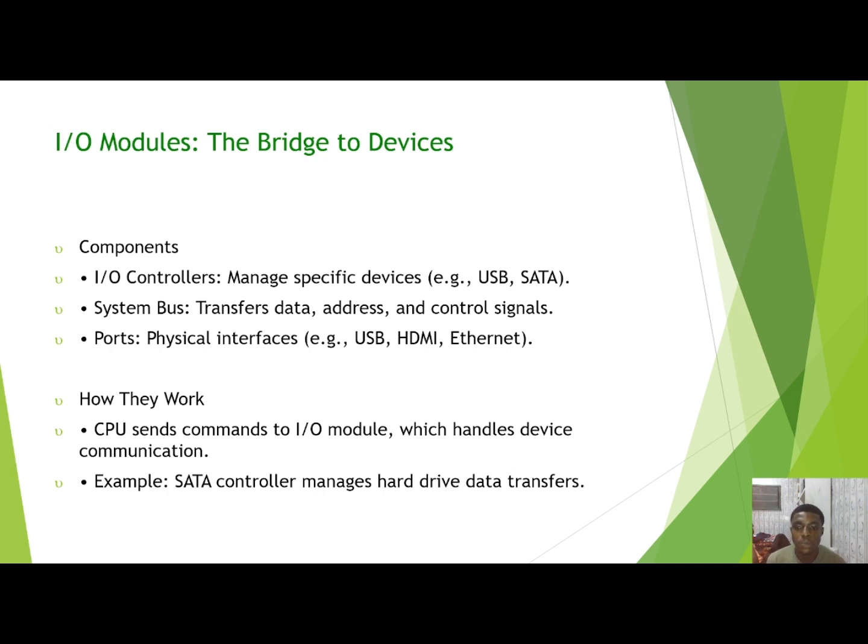So this is how they work. The CPU sends commands through the system bus, the wires, sending digital commands to the I/O controllers. The system bus has address bars, data bars, and control bars, depending on what the command is.